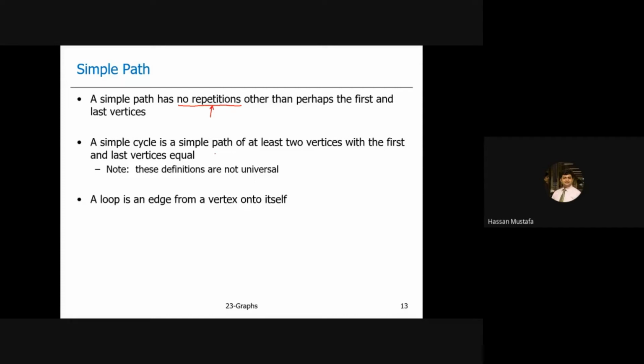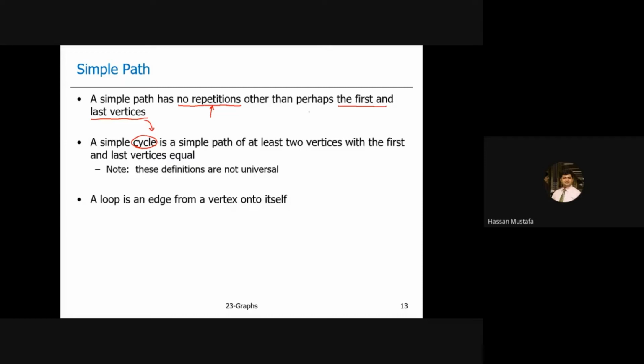So you should also know that in a simple path, we make sure that there is no repetition of vertices, except for the first and the last vertex. We can repeat the first node and the last node, and this definition comes in handy when we talk about a cycle. A cycle is where we start from the same vertex and we end on the same vertex, that is, the source and the destination are the same.